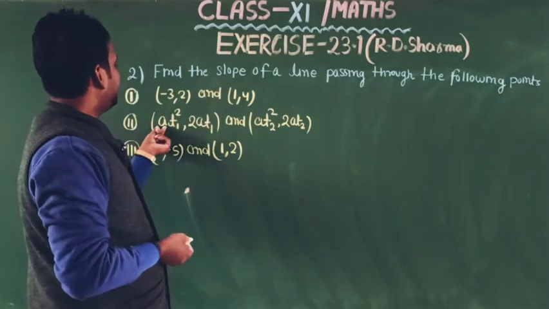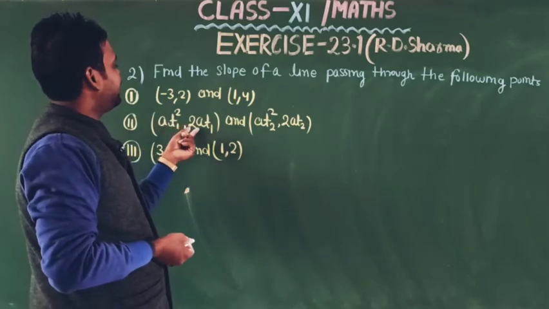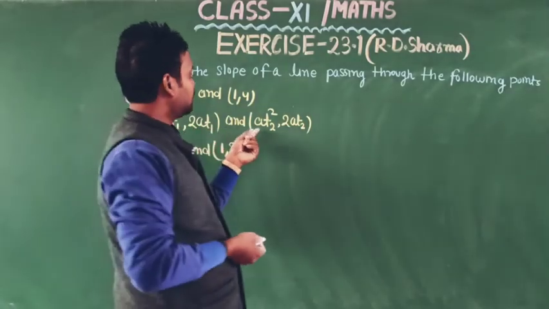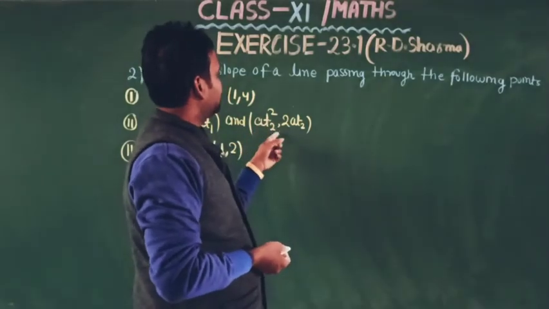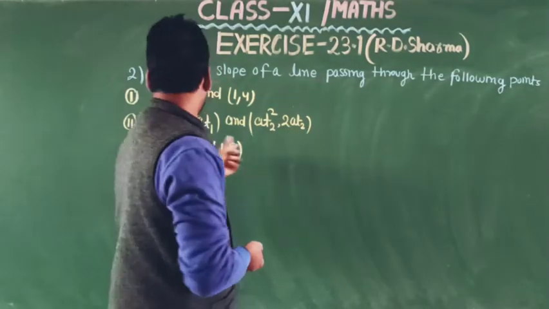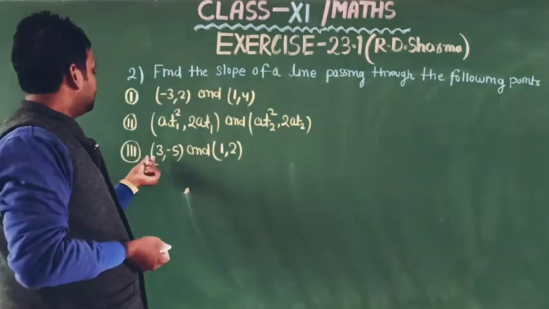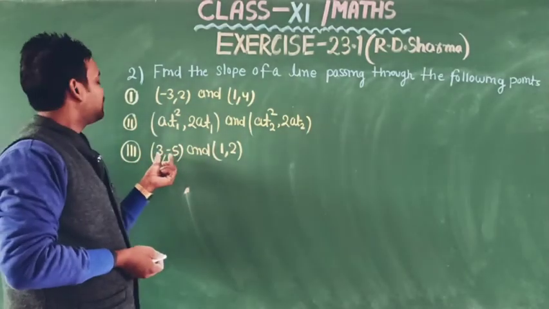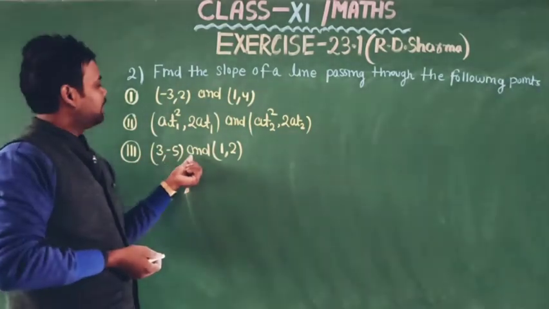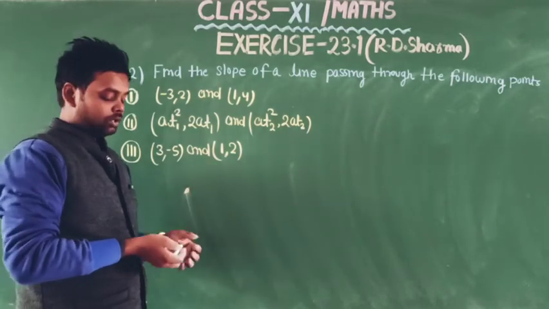Second, (at1², 2at1) and (at2², 2at2), and third, the points (3, -5) and (1, -2).